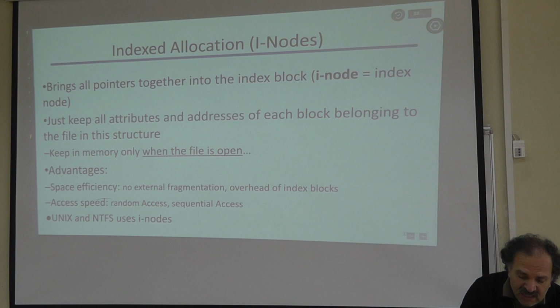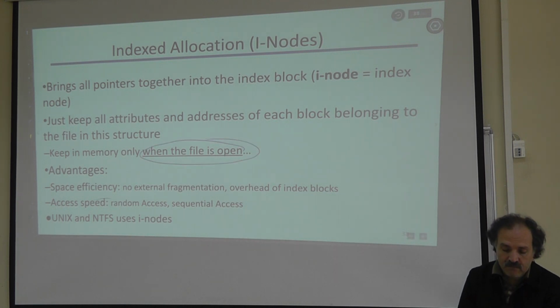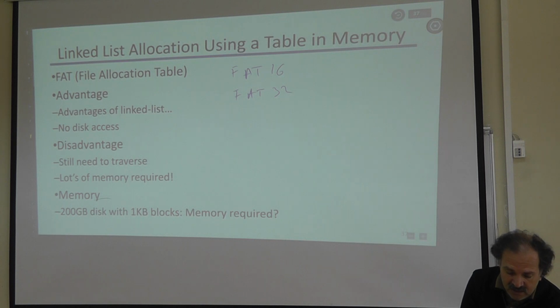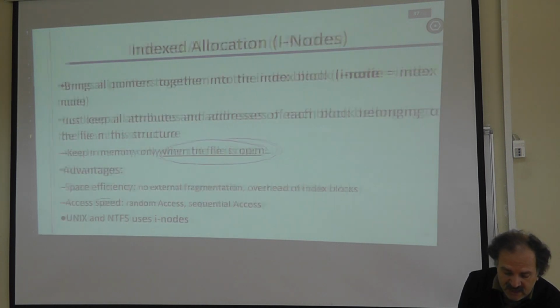Just keep all attributes and addresses of each block belonging to the file in the structure, and keep it in memory only when the file is open. So I keep this information in my memory when the file is open. Otherwise, I don't keep it in memory. Okay, so it's very space efficient, like the file allocation table FAT system, and access speed is the same, but I don't have this large memory requirement for this approach.